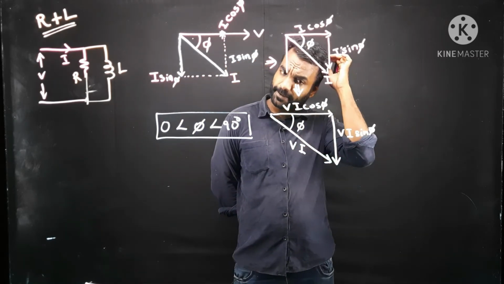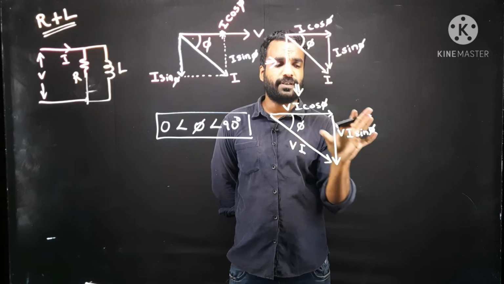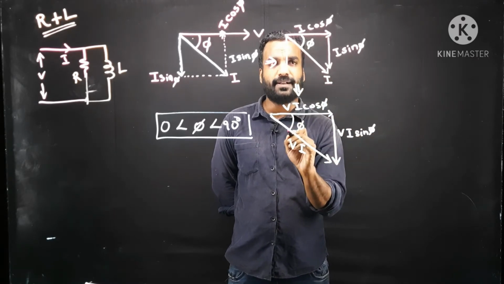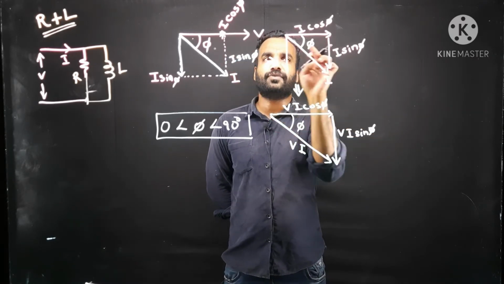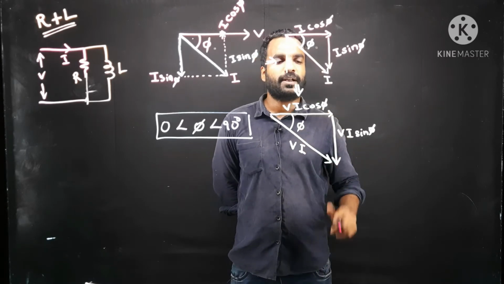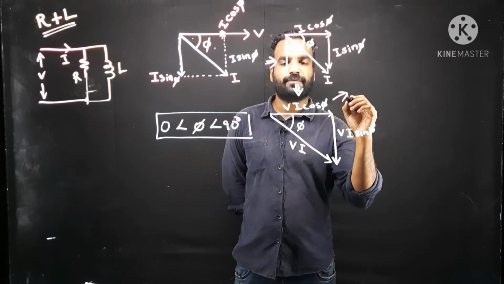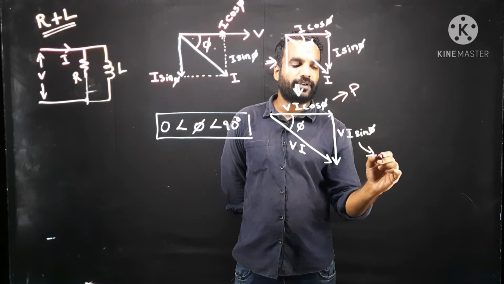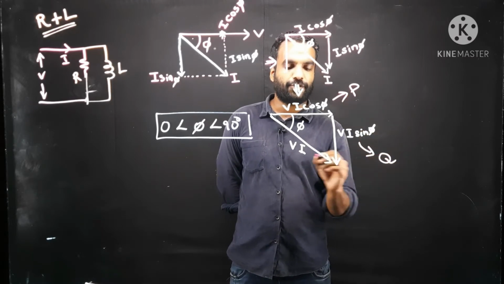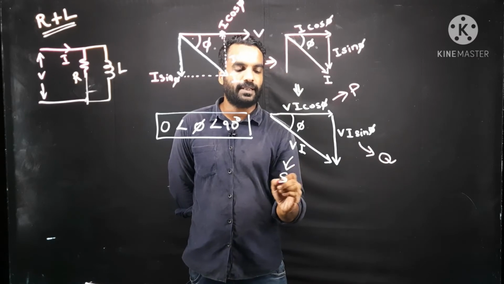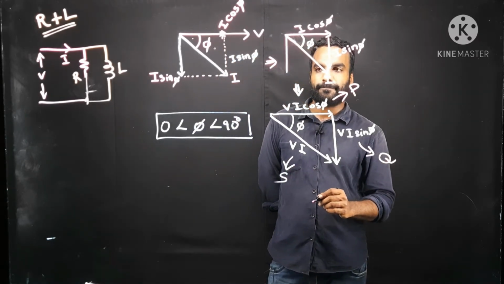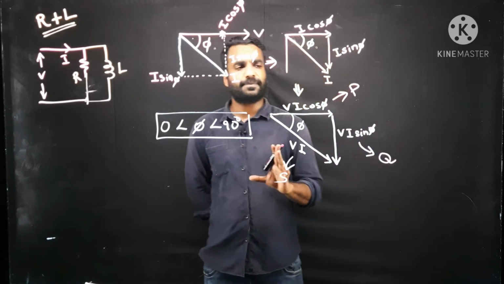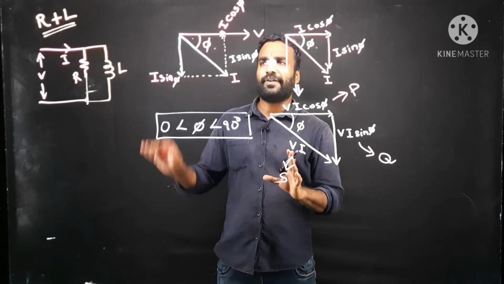now listen here. So we got Vi cos phi, Vi sin phi, Vi, and if this angle is phi, this will be phi, and this is also phi. Now tell me, what is Vi cos phi? Vi cos phi is real power. What is Vi sin phi? That is reactive power. What is Vi? That is apparent power. So this is the concept of the phase relation.